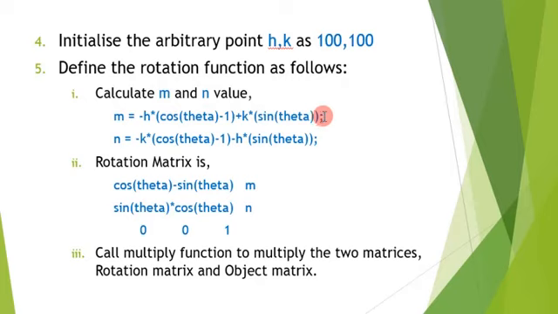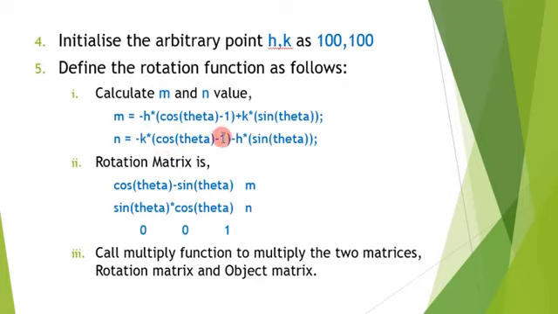Don't get confused here. The m is the rotation axis x for the triangle, and n is the rotation axis y for the triangle. H is the x-axis of the original triangle, and k is the y-axis of the original triangle.